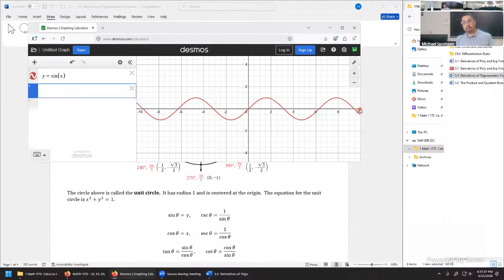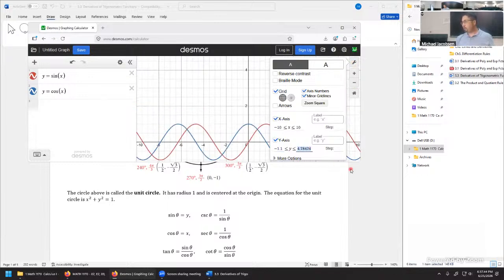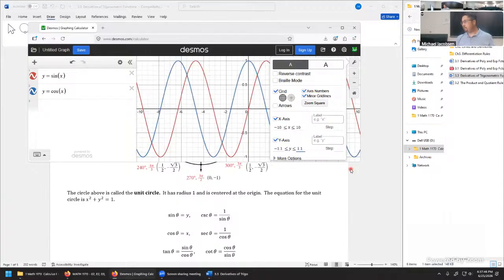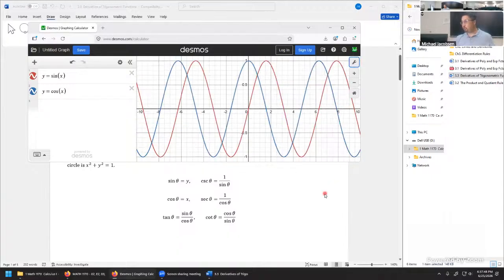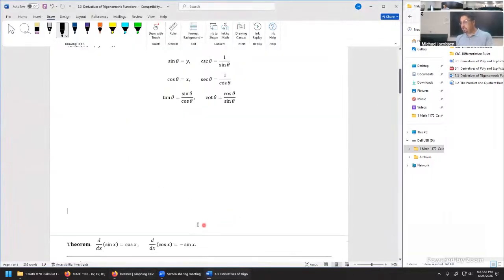So we're thinking of x as an input in radians, and this is the sine function coming through as a wave. Here's y equals cosine of x. And I want to emphasize the y-axis a little bit more, so let's go from negative 1.1 to positive 1.1. I think that's a better picture for us. And finally, here is our major result.